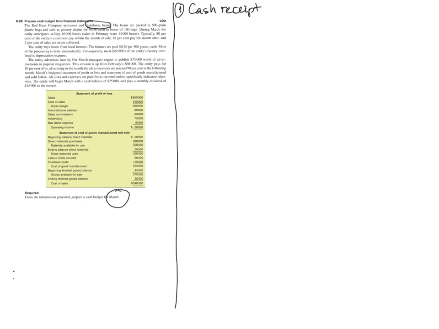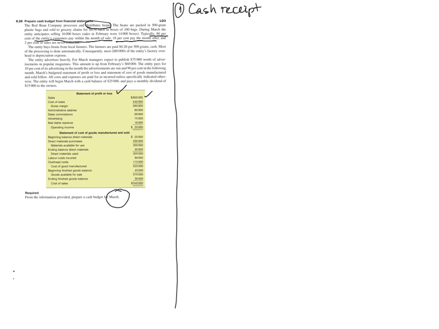Alright, so from the statement of profit and loss, we look at the sales. The budgeted sales in March is 800,000. Alright, so that is a budgeted sale. We know that 80% of the customers pay within the month of sales, and 18% of the customers pay the month after the sales.